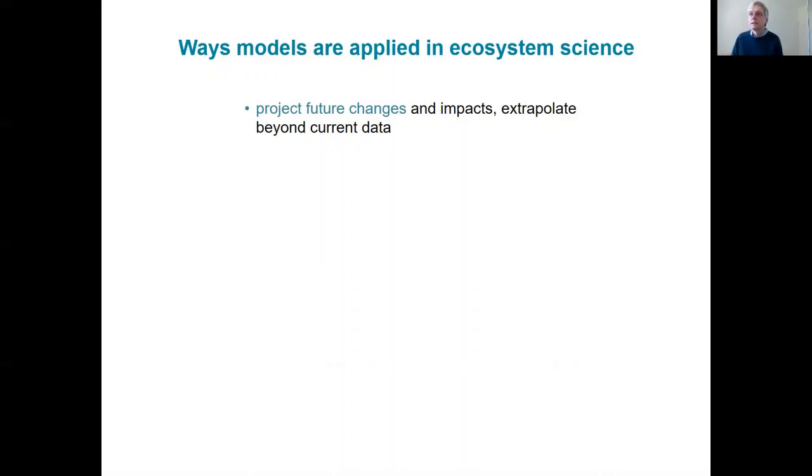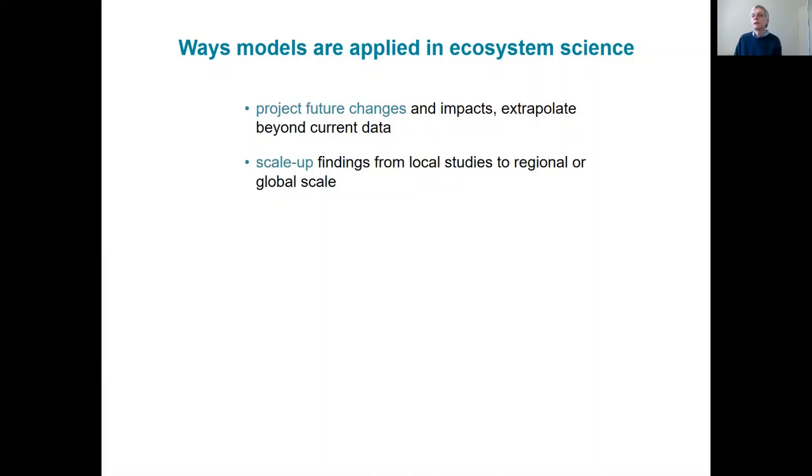So yes, we've already said project future changes and consequences of those impacts of climate change on ecosystems, extrapolating beyond the data we already have into the great unknown of the future, or it could be the unknown of some other place where we don't have data. So extrapolating beyond the domain of the measurements we have is one way of using models, like the nightly weather forecast, like the IPCC process.